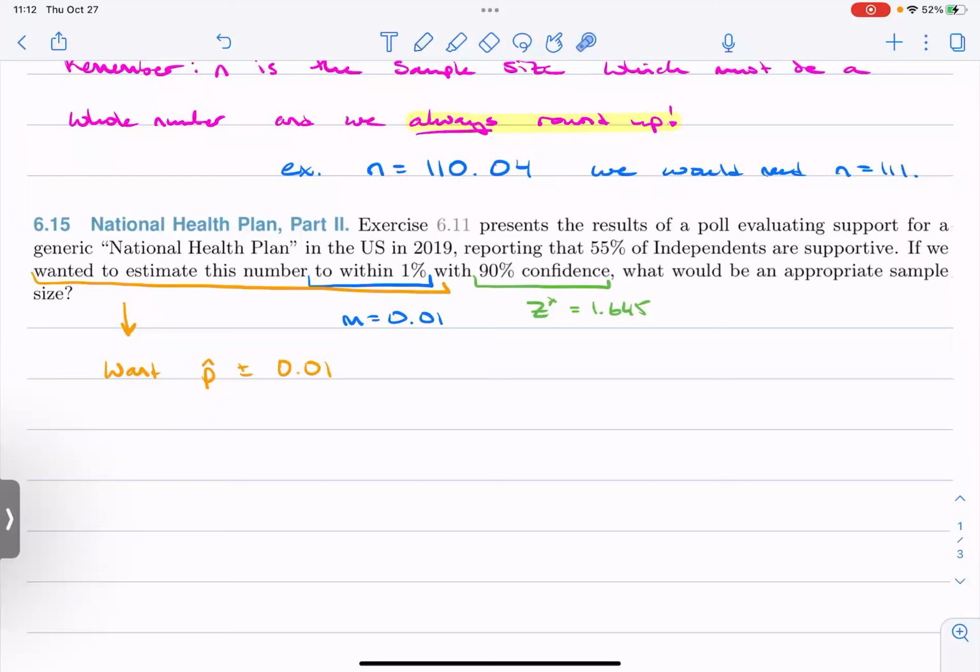So we also have a sample proportion from 2019, right? So that would be a previous sample proportion of 0.55. So in this case, we have a previous p hat of 0.55.